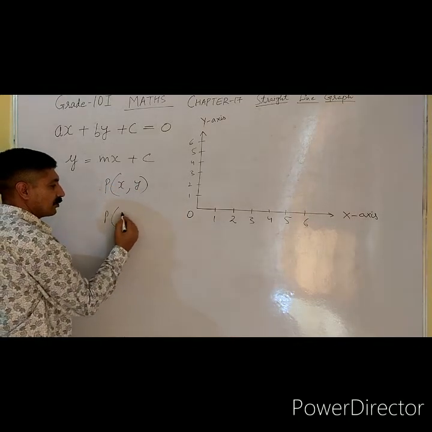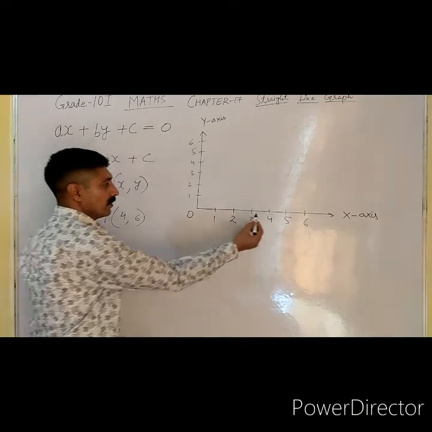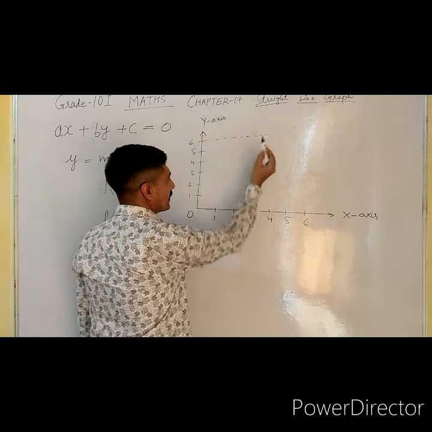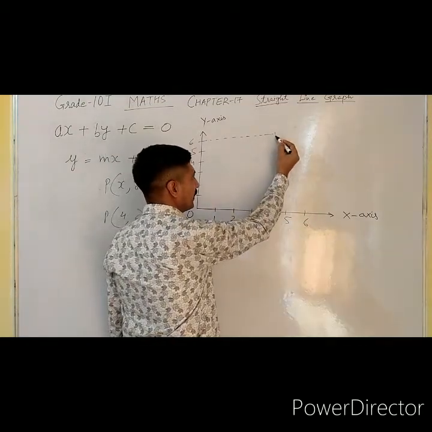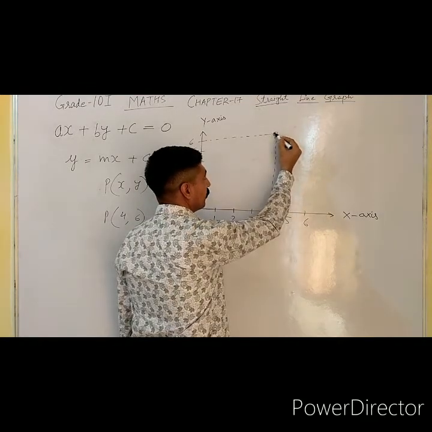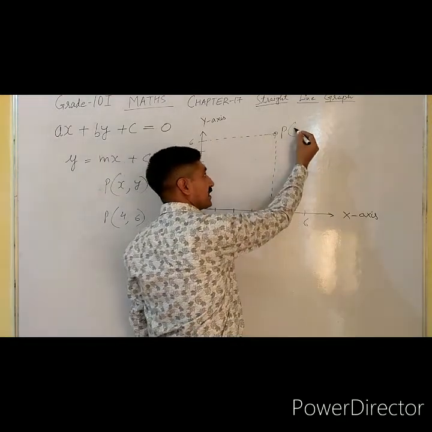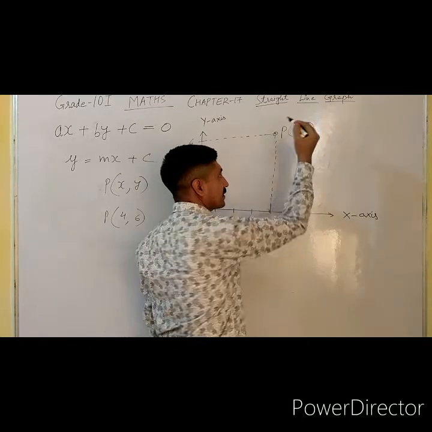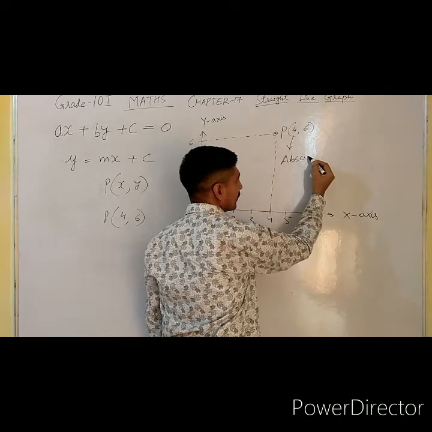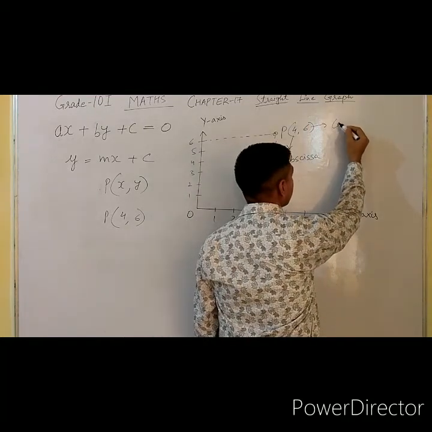If x is equal to 4 and y is equal to 6, then this is the point P on the plane whose coordinates are x is 4 and y is 6. x is called the abscissa, and y is called the ordinate.